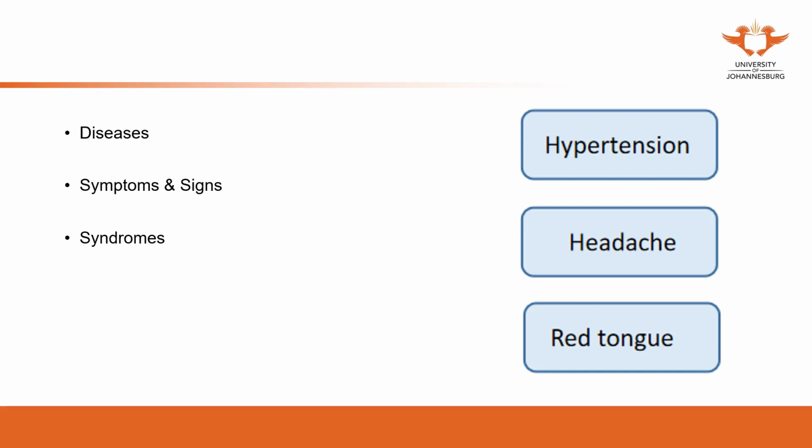That's something the patient will tell you. That's the symptoms. And then the red tongue, or the teeth mark around the tongue, those are the signs. These are the signs that we can see, or some abnormal condition from the physical examination. Then we call them signs.